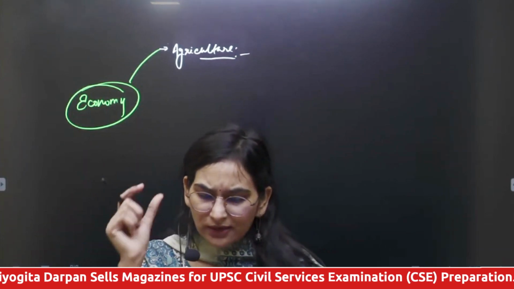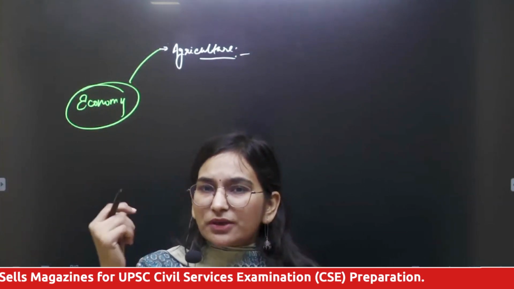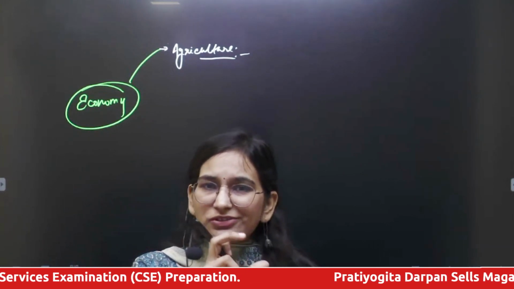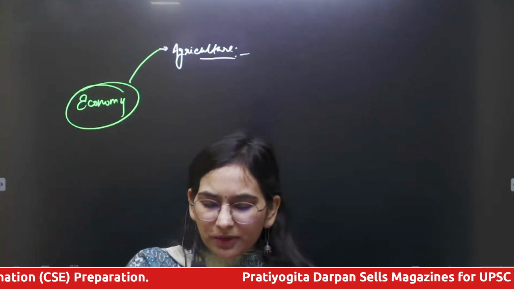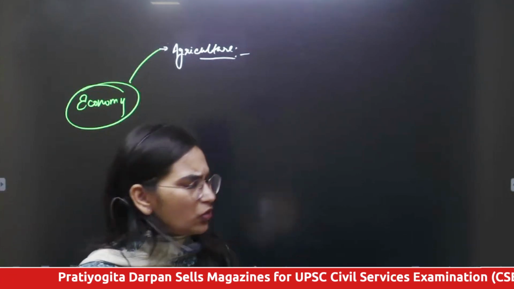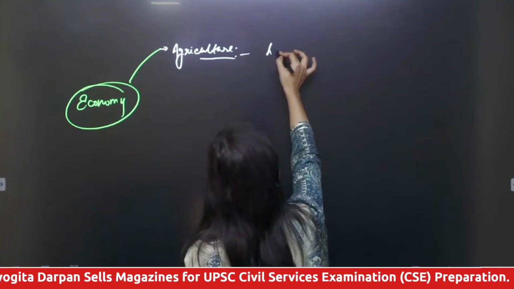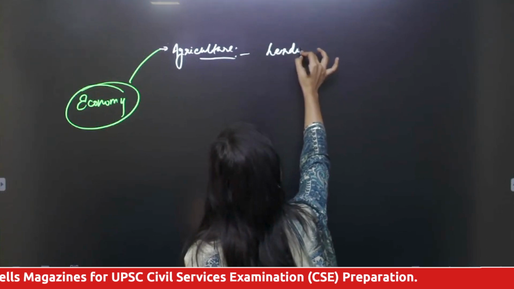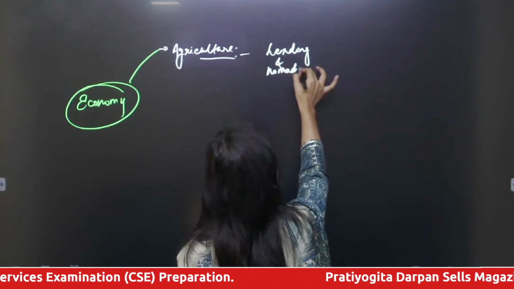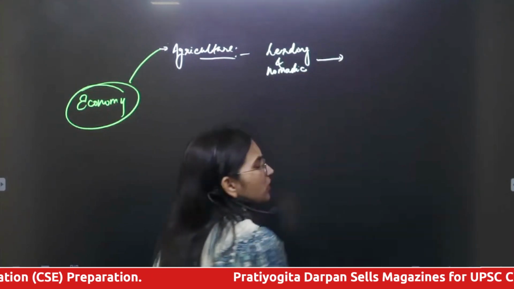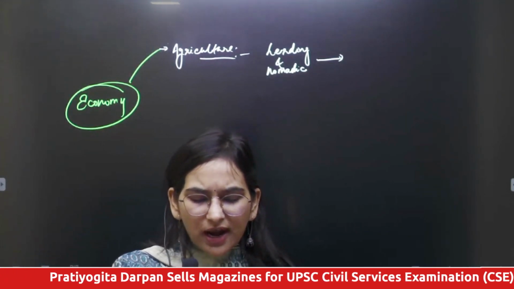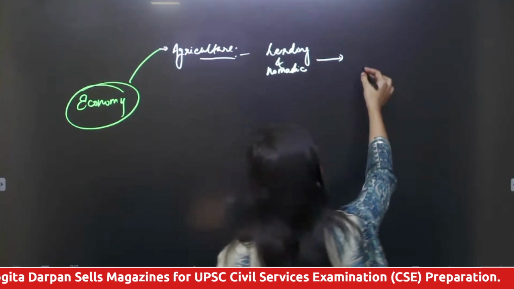From subsistence to surplus production. That is essential, so you are going to surplus production, and earlier this was herding and nomadic lifestyle, and now the shift would be towards crop cultivation, and that too surplus production.